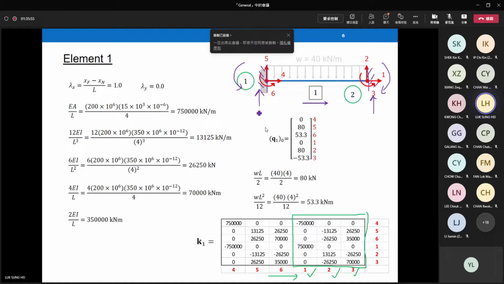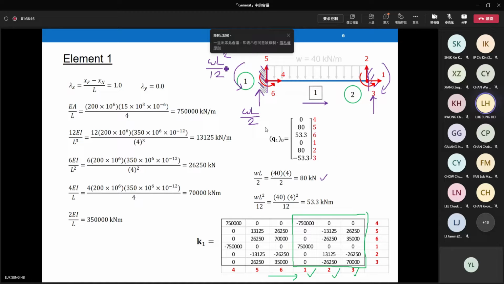The fixed end force is equal to WL over 2, while the moment is equal to WL squared over 12. If you use this several times, I believe that you can memorize the values. The force, WL over 2, is equal to 80.